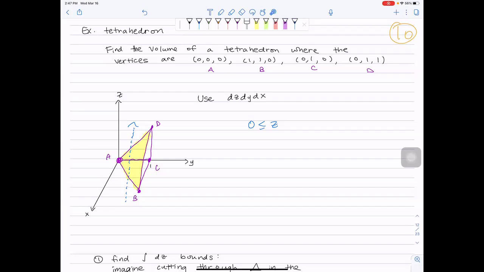Then we use the equation of a plane. You take the normal vector dotted with x, y, z minus a point on our plane. The easiest point on our plane we can pick is point A, which is the origin.